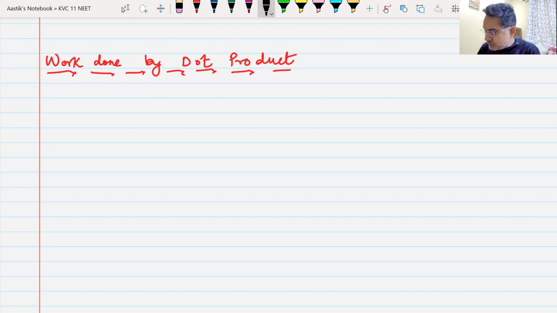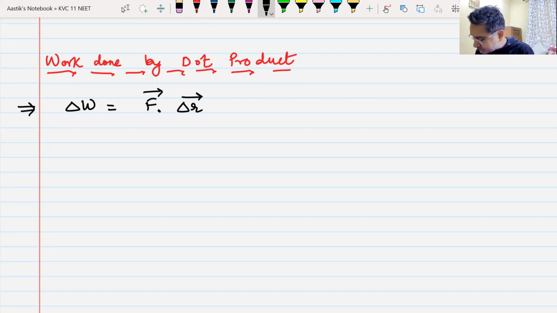So how are you going to do this? You don't have to do anything extravagant. You just have to apply this formula: F dot displacement. This is how you can find out the work done by the force by the dot product.